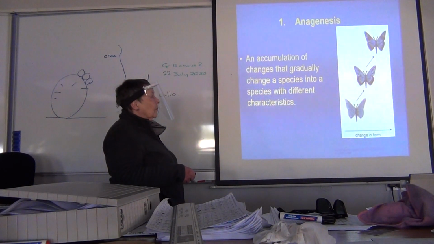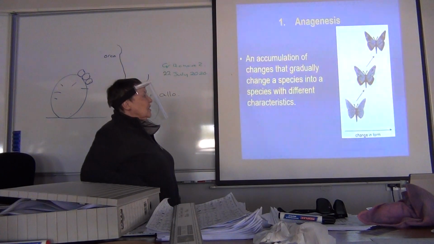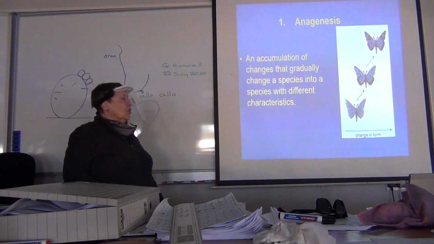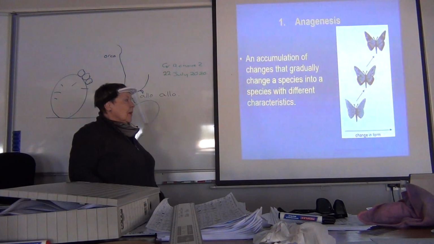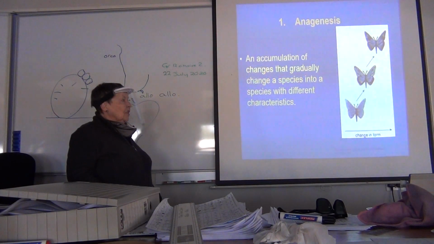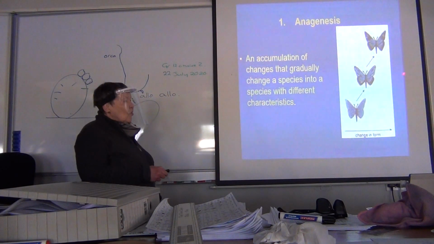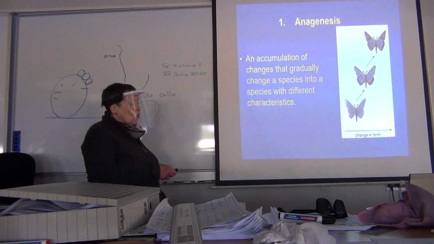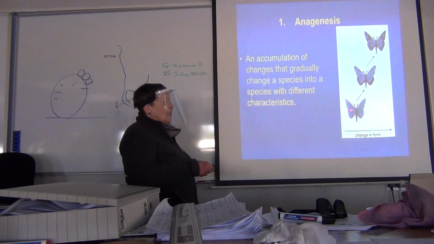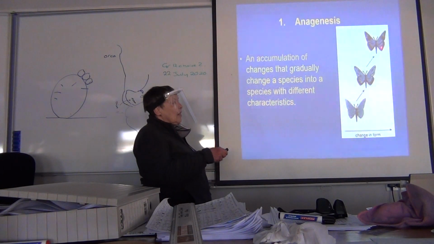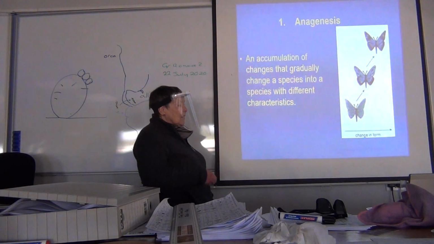Okay. So anagenesis is an accumulation of changes that gradually change a species into a species with different characteristics, and therefore these ones will eventually no longer be able to interbreed with those ones, or these ones will have died out completely, and then may evolve into another species.